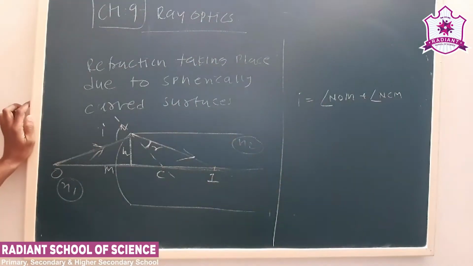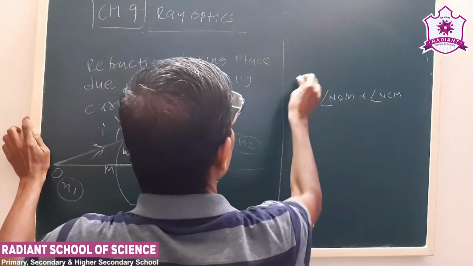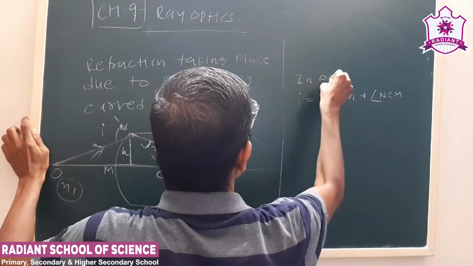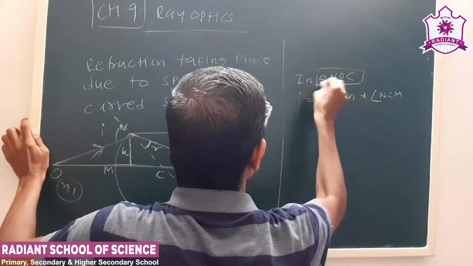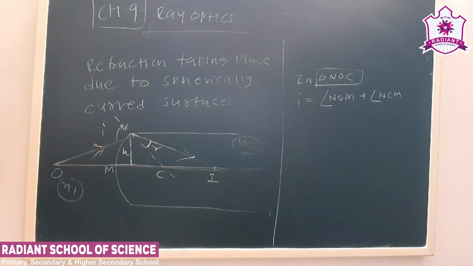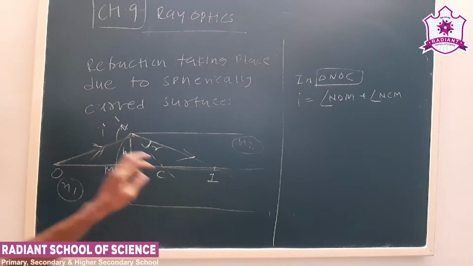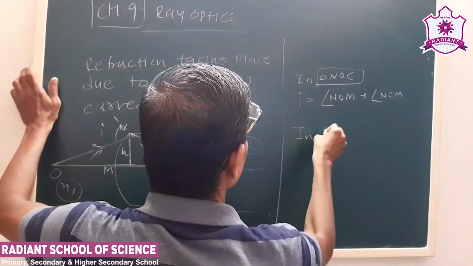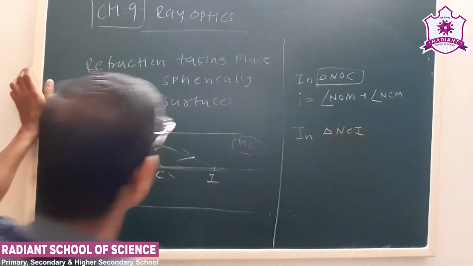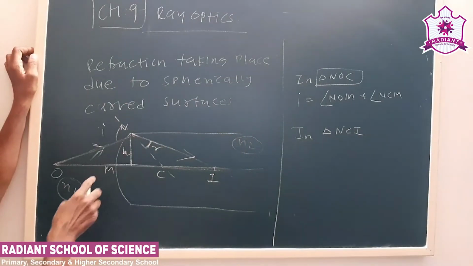Now in triangle NCI, this angle NCM is the exterior angle.